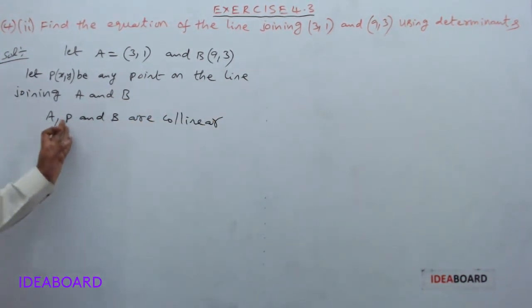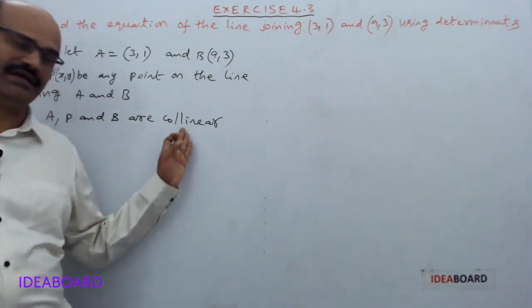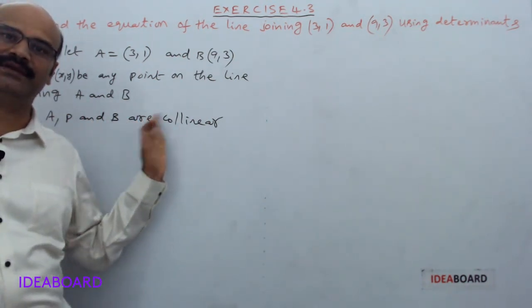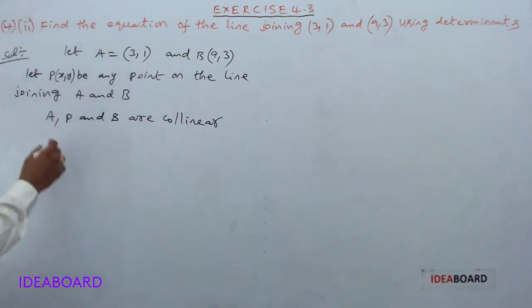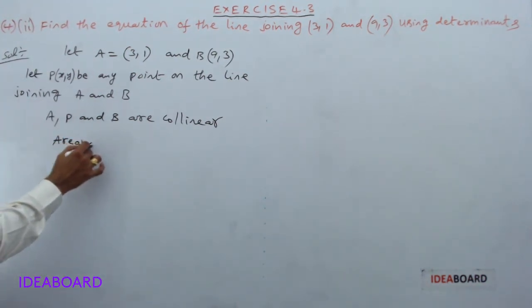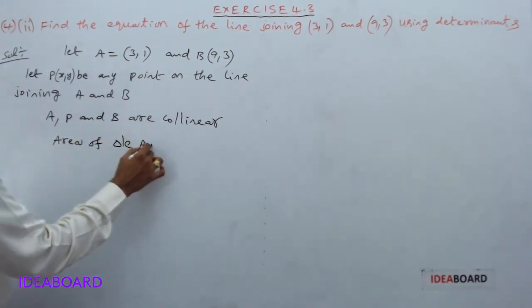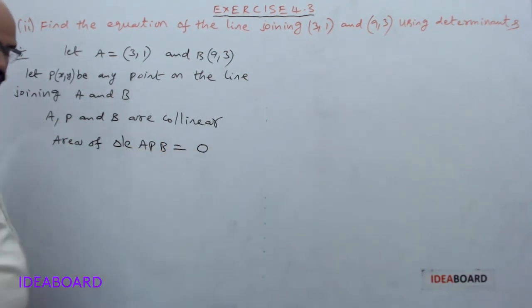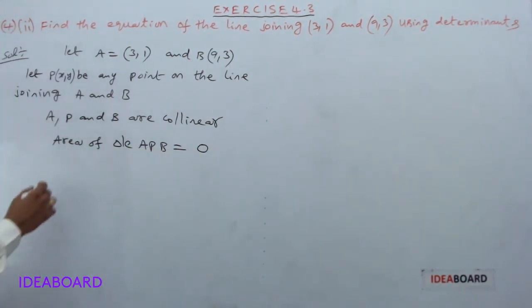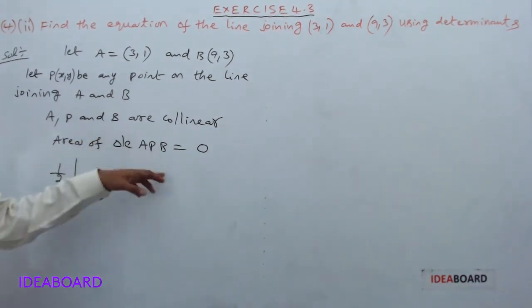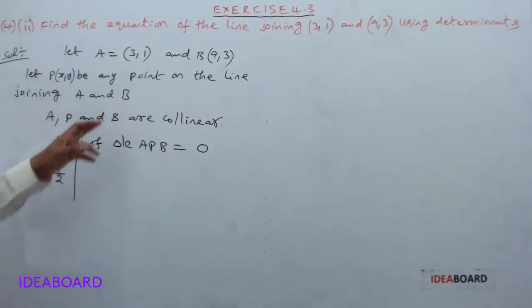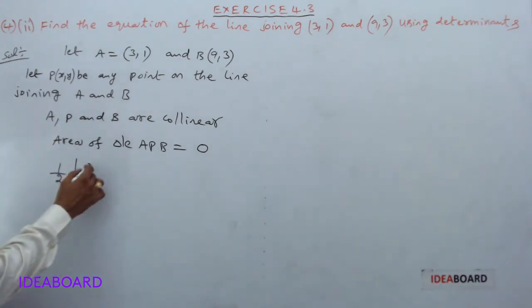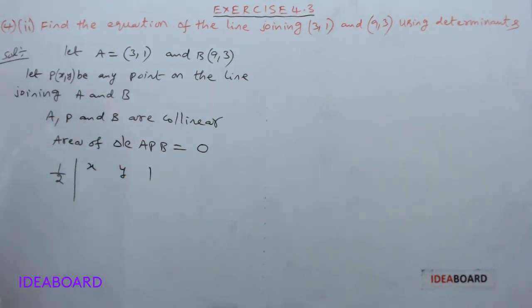Whenever the 3 points A, P, B are collinear, we say that the area of triangle APB equal to 0. So now half into determinant of APB or PAB, anyone you can take. First I take the point P here, x, y, 1.